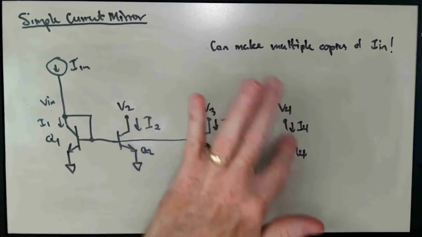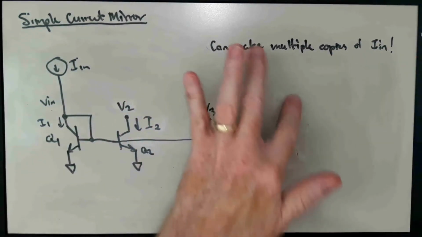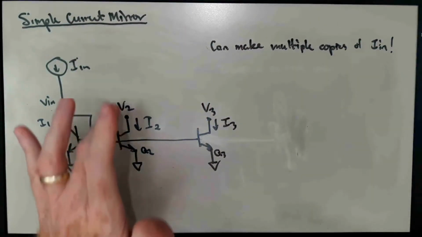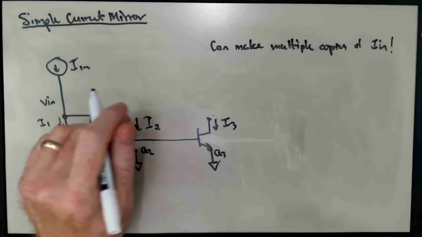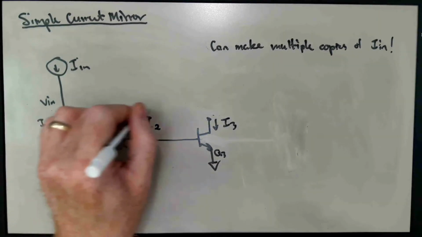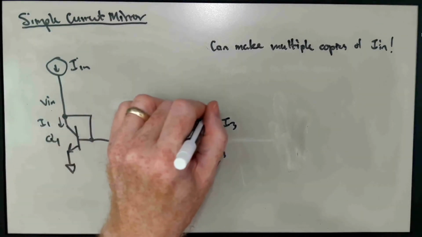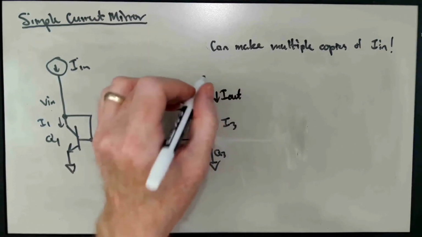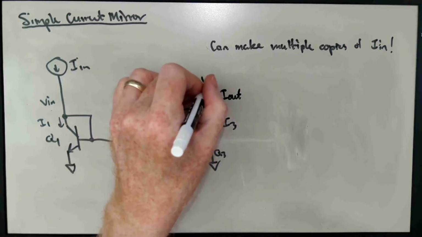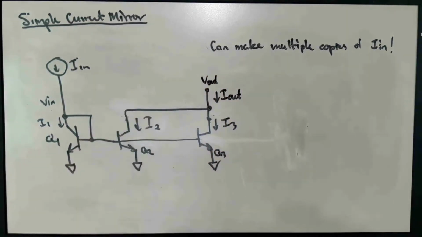Let's go back to the two output one, could we tie these two collectors together? And call this I out? Let's see why not.